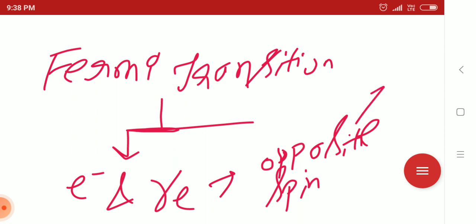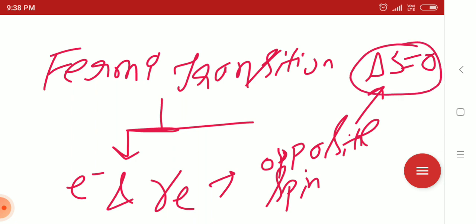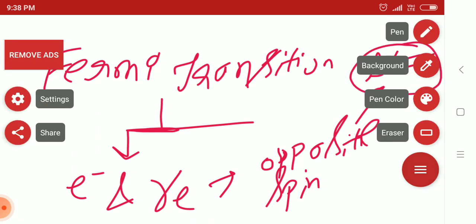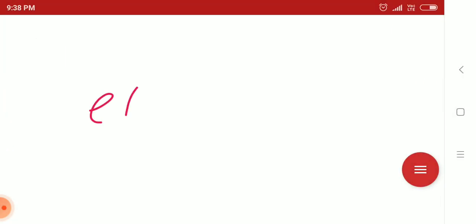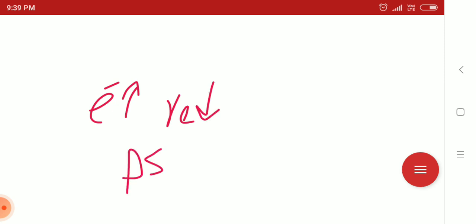Opposite spin means delta S equals 0. That means if the electron spin is plus half, then the neutrino spin should be minus half. That means delta S equals 0.